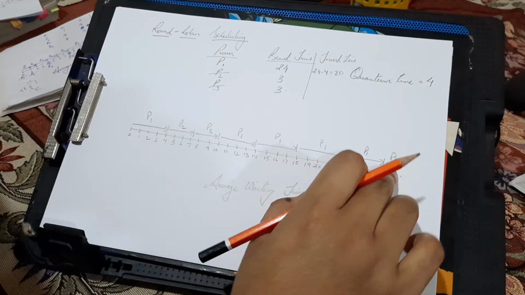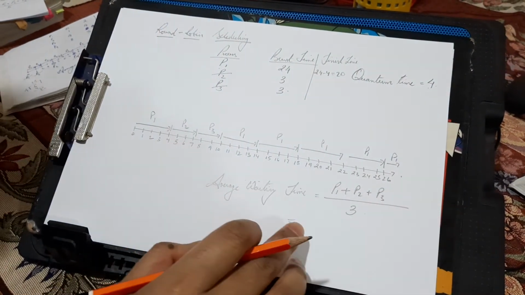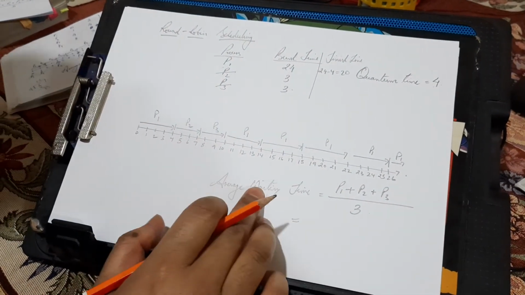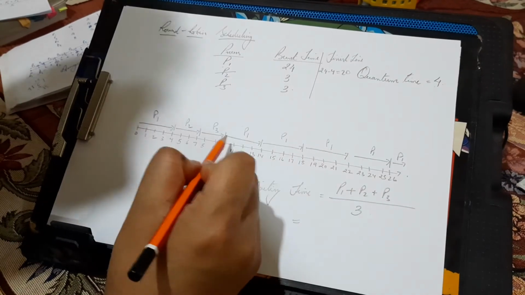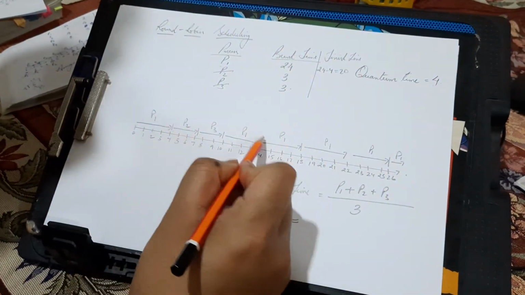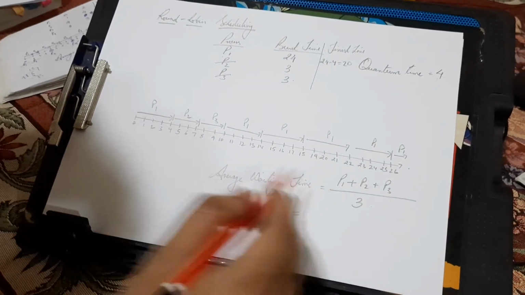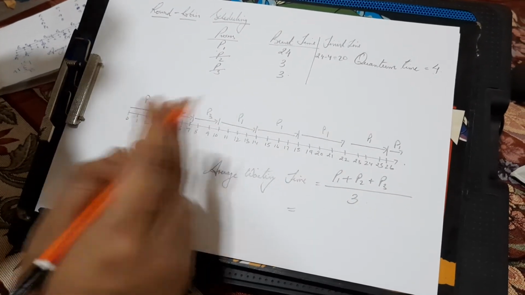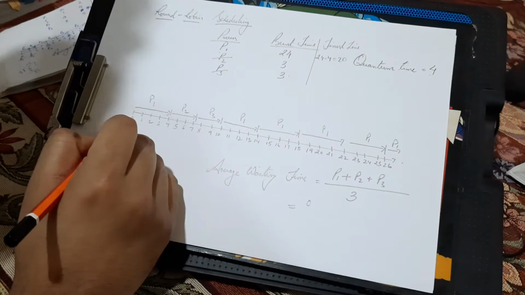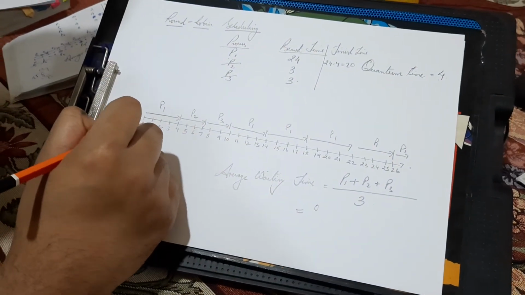Now we do not need to show when P1 finishes because we're calculating the average waiting time, so we just need these points. In fact, we don't need these points behind here. If you calculate the average waiting time for P1, at first it was 0 because at first it got the CPU, right?